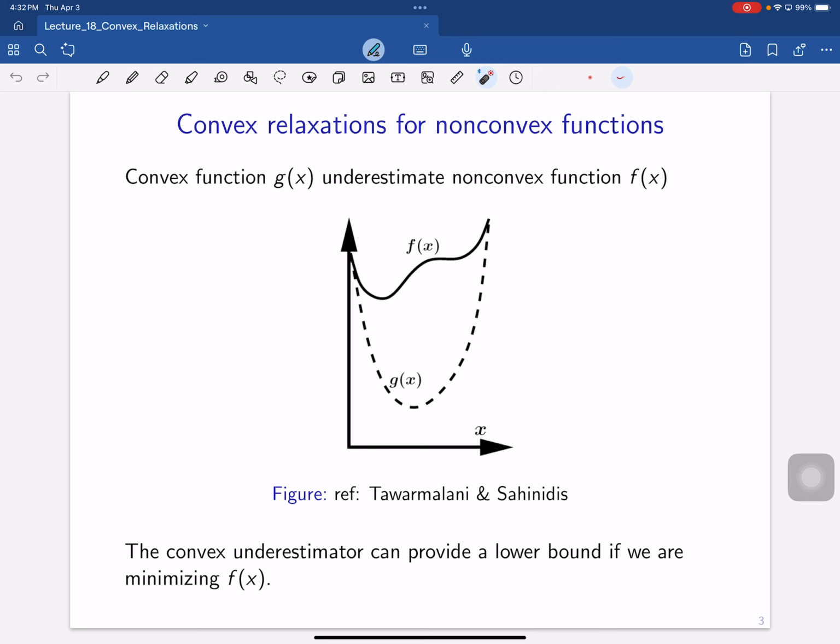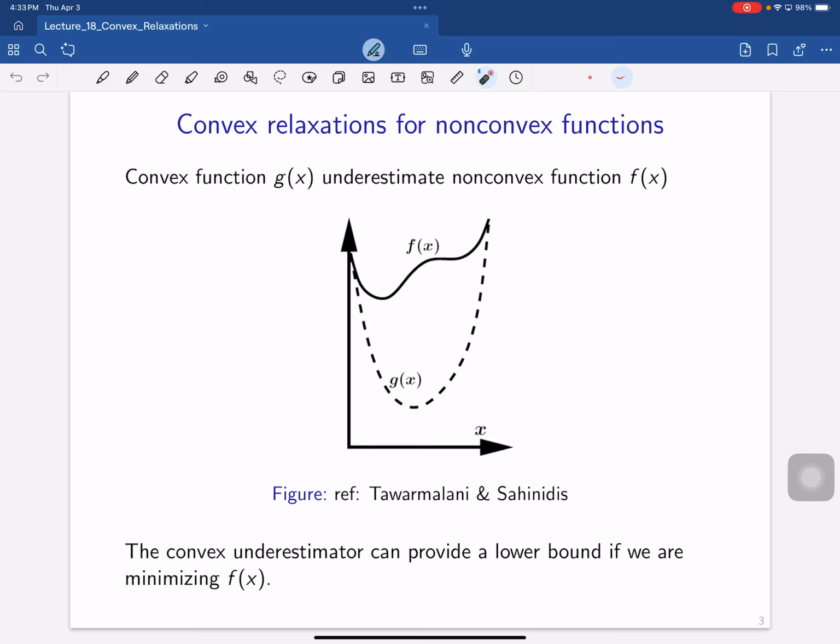In order to solve this type of problem to global optimality, the approach we will adopt is coming up with a function g of x, denoted by this dashed line here. So g of x is a convex function. It underestimates the original function f of x. So g of x is called a convex relaxation or convex underestimator of f of x.